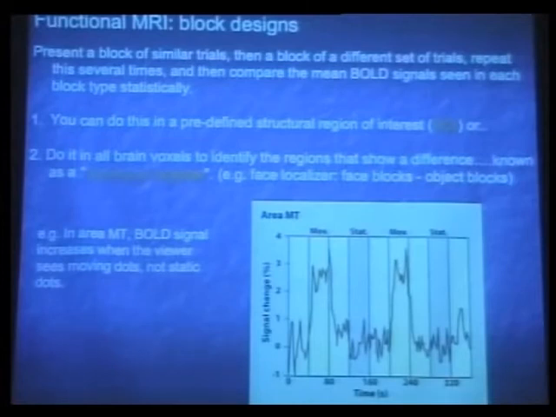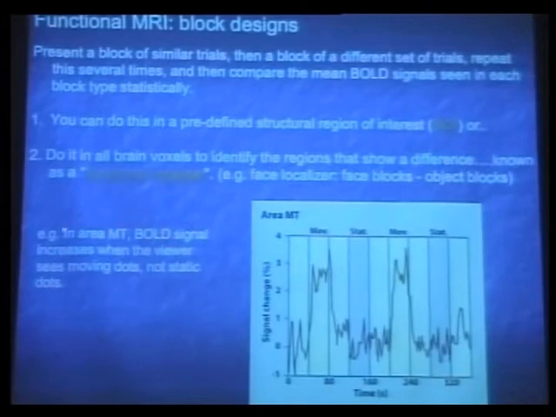And you can tell which areas of the brain show statistically greater activity, greater BOLD signal, when faces are being seen than when other objects are being seen. Okay, that will allow you to find a region of interest, a functional localizer, which areas of the brain like to look at faces. You can also do that in a predefined structure if you have a marker to figure out what the area is doing.